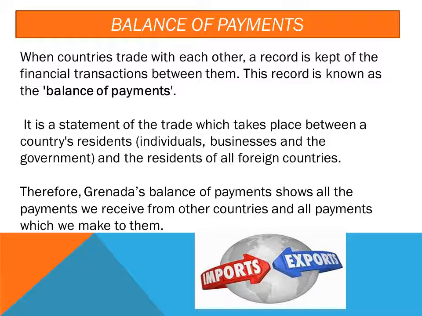And when I say the country, it takes into consideration individuals trading, businesses trading, and government trading, right? Any sort of trading that takes place within a country in a given year is compared with trading done outside of the country, meaning exporting and importing, and that is recorded to give an idea of the balance between those two figures.